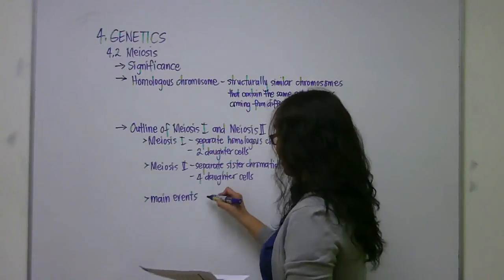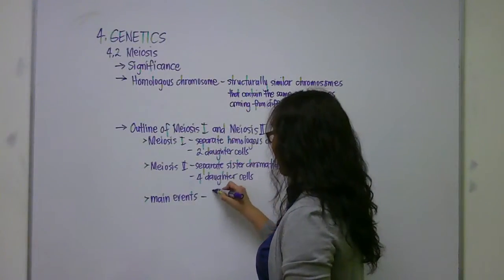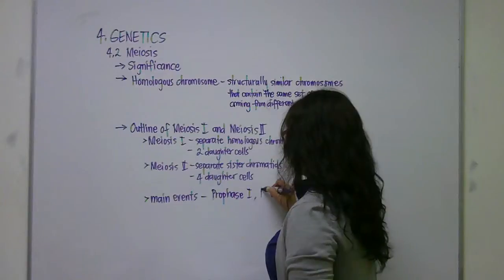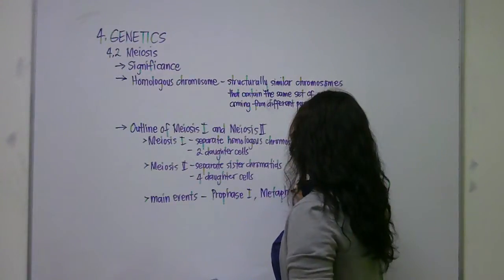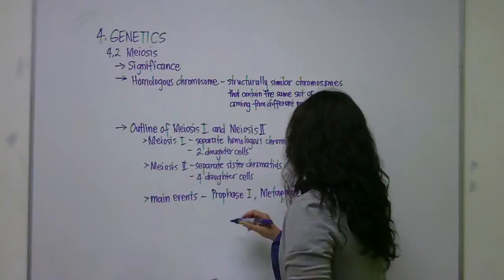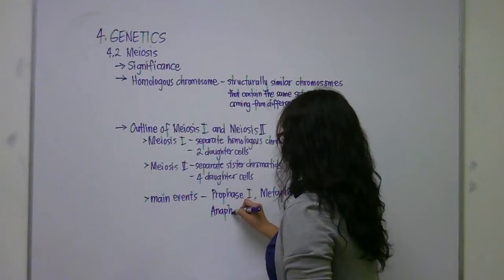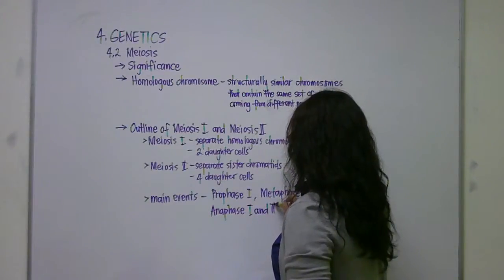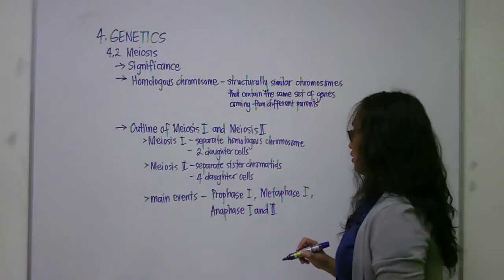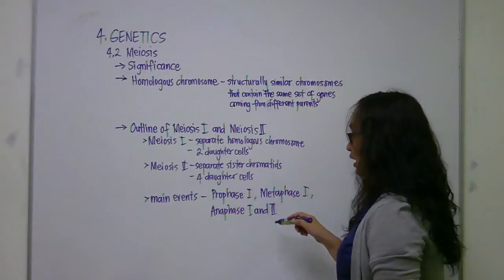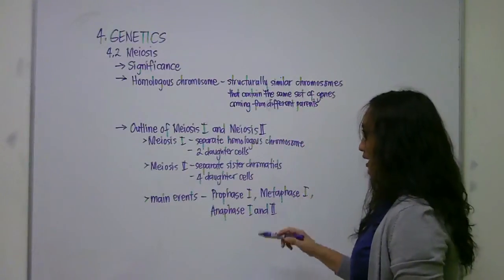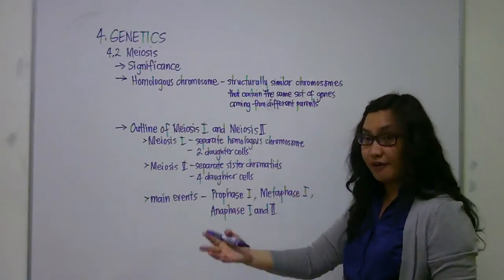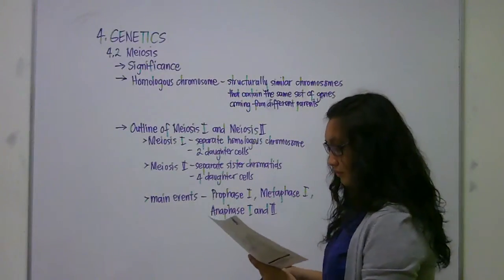gives us more genetic variation in the chromosomes. So we have to indicate the main events that are happening in prophase 1, metaphase 1, and anaphase 1 and 2. Actually, these are the special stages in meiosis that need more attention, that give the chromosomes more variation.